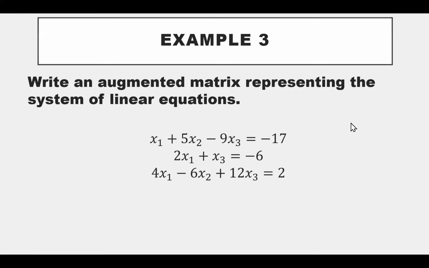Let's do another example. Here's an example where we have 3 equations and 3 variables. Go ahead and try to create the augmented matrix that represents this system of linear equations. Push pause on the video if you'd like to try that on your own.